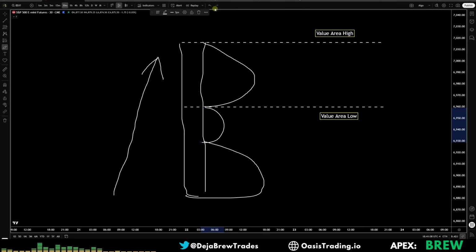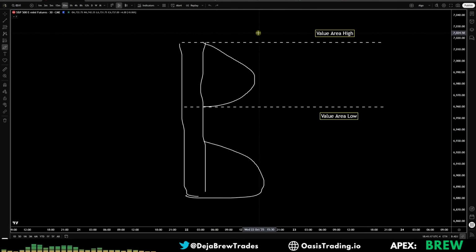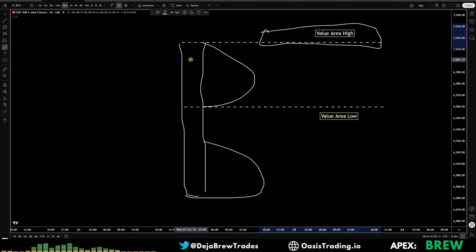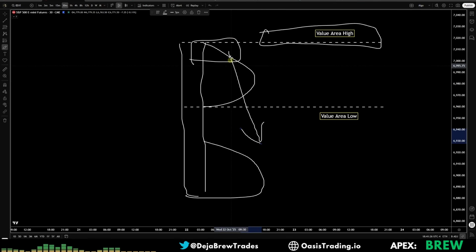Now, a lot of the times during a capital B, you will have single prints in the middle of that capital B. So another way you could trade them is if you're being a seller around that upper node, kind of around where that value high is on that upper node, and you could target not only the rotation of that upper node, but also the single prints in the middle of that capital B. It's a single print fill-in trade, right? So it gives you a very good target.